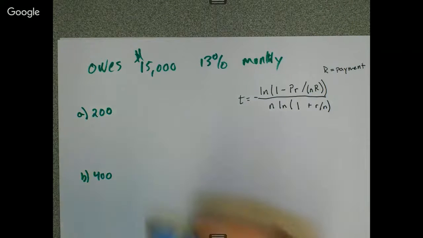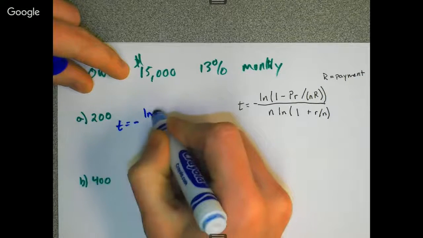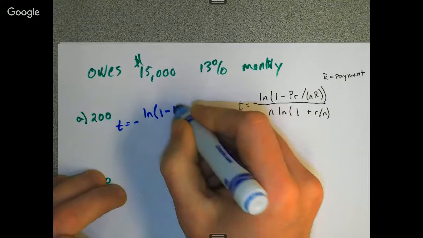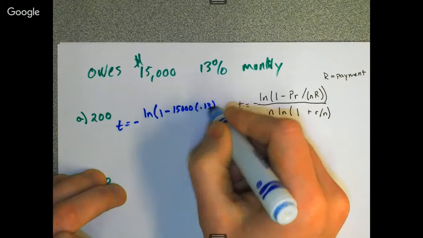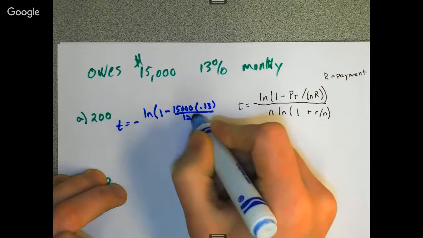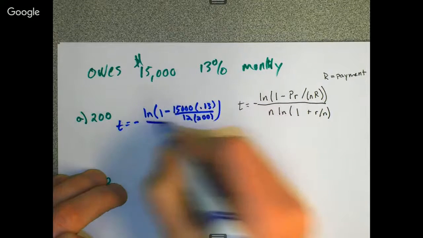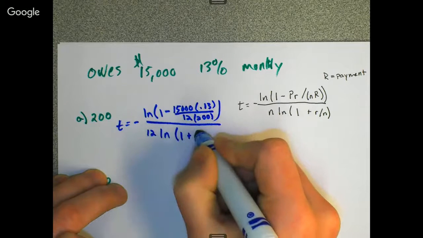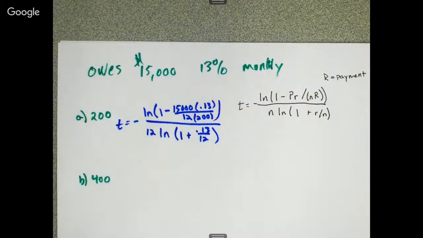So for 200, the time it takes is equal to negative ln of 1 minus 15,000 times 0.13 over 12, which is my number of compounds, times 200, over 12 ln of 1 plus 0.13 over 12. Okay? Big long thing.